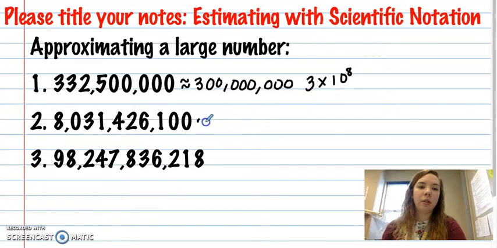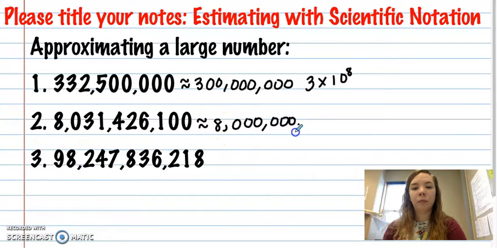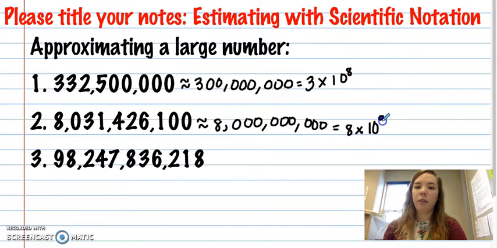So for this one, I would have 8 billion, because again, my very next digit is a 0 that's going to round us down, which would be 8 times 10 to the 9th. So you don't have to write all those zeros. Here, this second digit is an 8, which means it's going to round us up from a 9 to a 10.